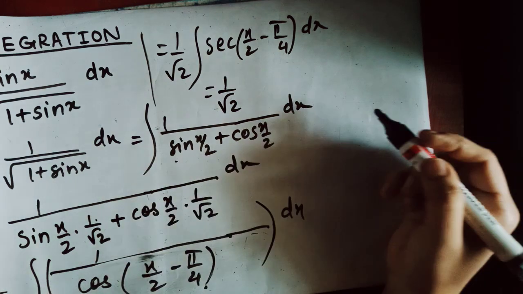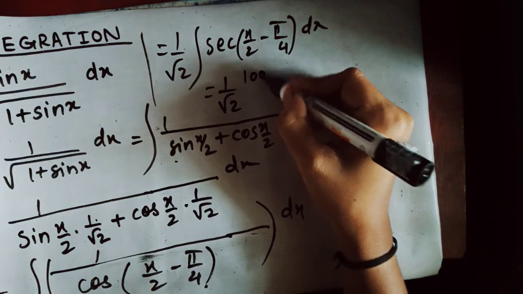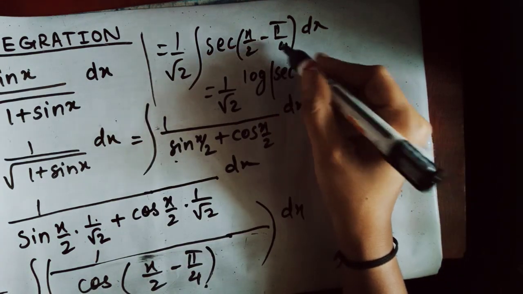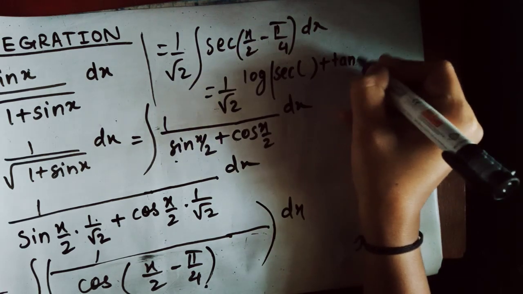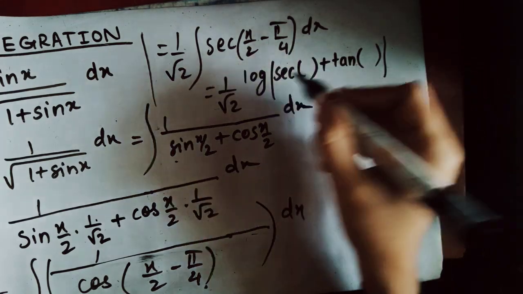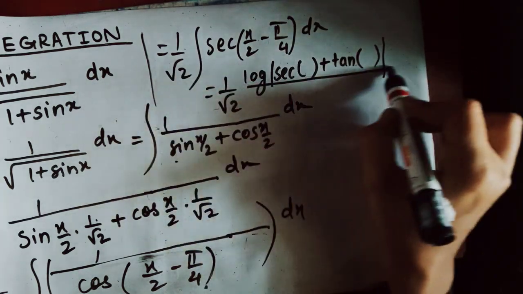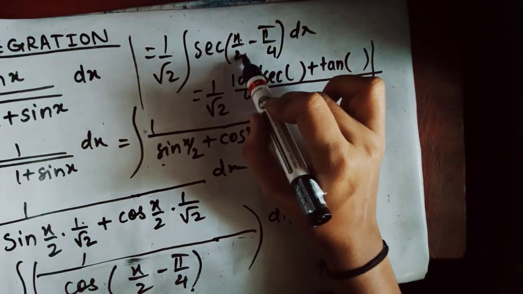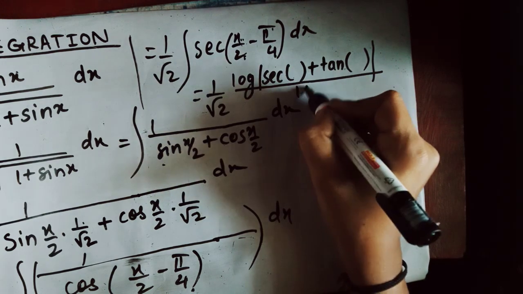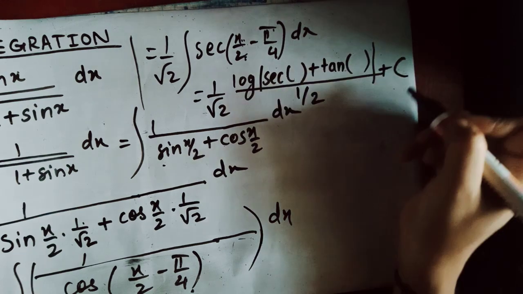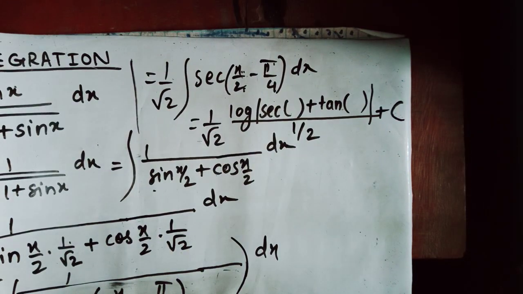So integral of sec is log of sec of these terms plus tan of these terms, and you have to take the derivative of x by 2 minus pi by 4. So derivative of x by 2 is half. Okay.